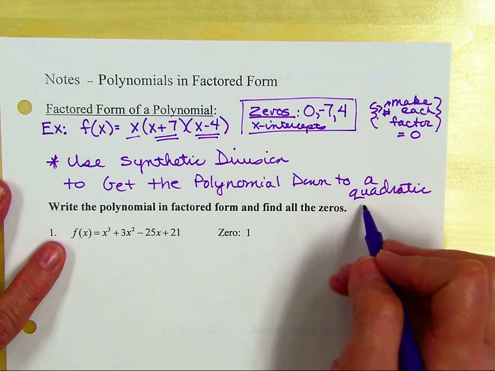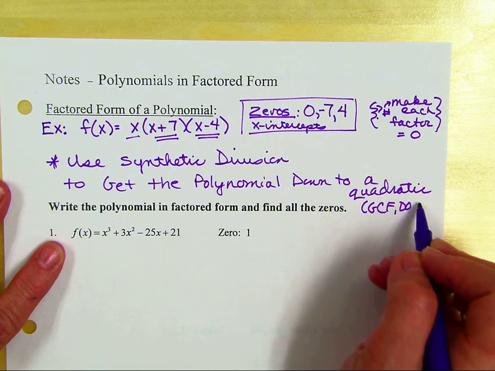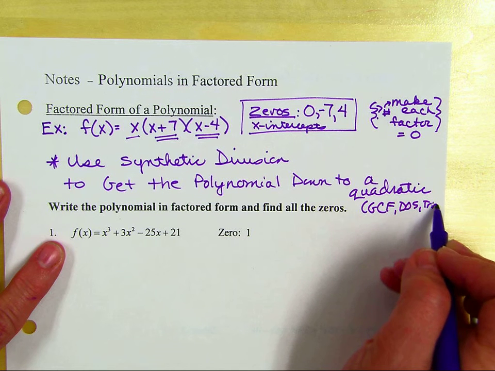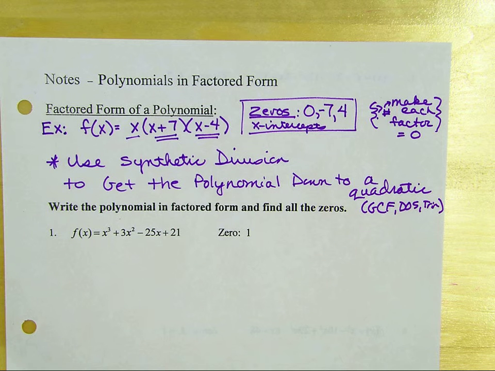And then we're going to be able to factor one more time, and we'll be able to see all of our zeros. So reminding you, once you get it down to a quadratic, if you're factoring, you can use greatest common factor, difference of squares, or trinomial factoring. Any kind of factoring we know is what we're going to be using.